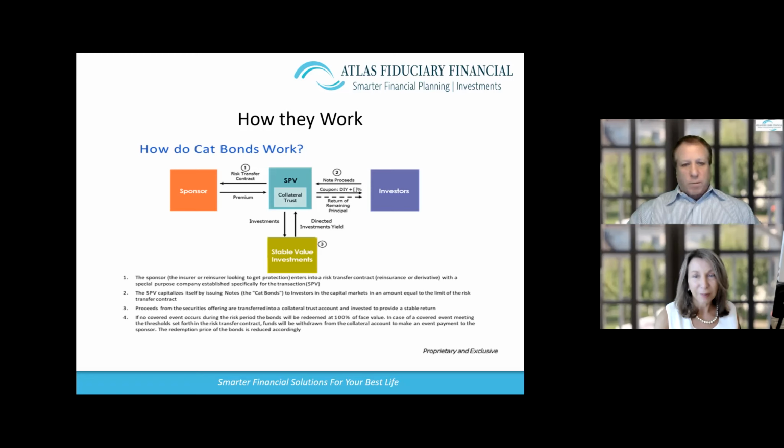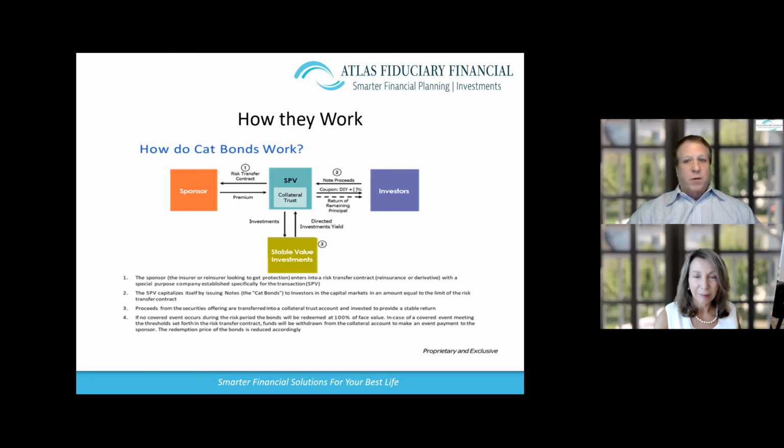So this special purpose entity is formed specifically to issue bonds, which investors purchase, and those bonds, which are held by the special entity, not held by the insurance company, which is why there's no counterparty risk, are typically invested in things like treasuries. But the insurance company, which is in orange, the sponsor, pays a premium to the special purpose entity to actually have access to that capital if they do experience that risk. And so that's where the risk in these bonds does come from.